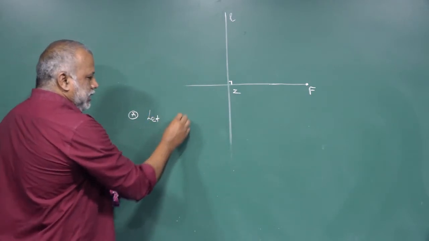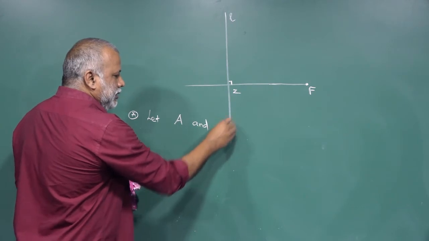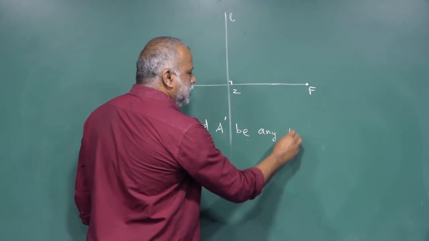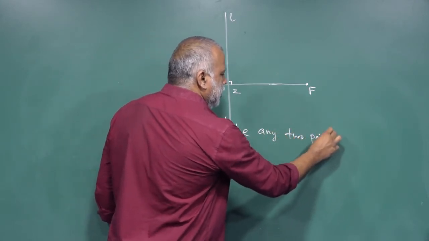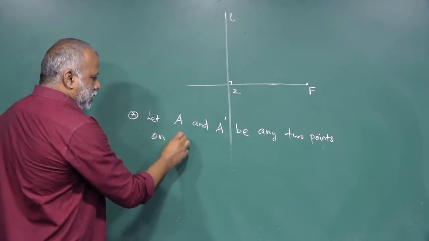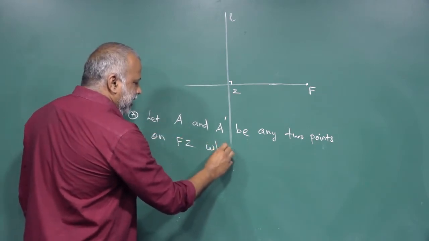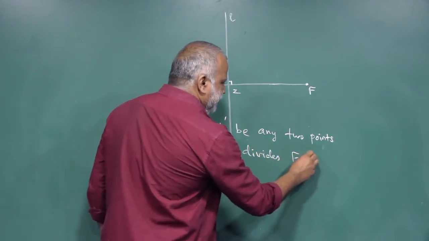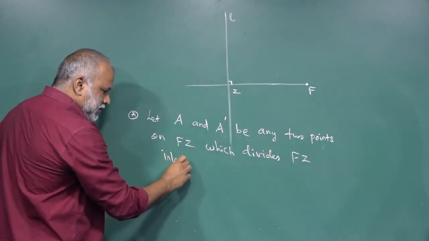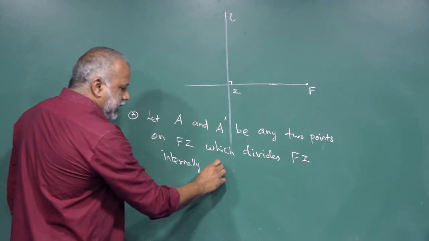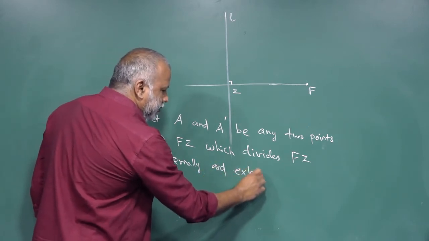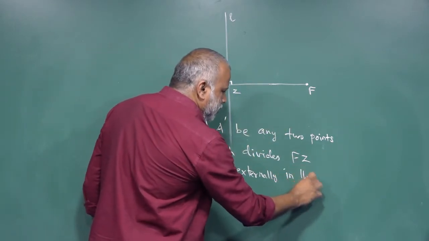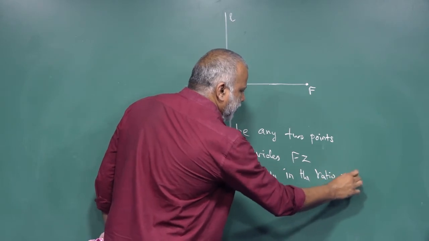Let A and A dash be any 2 points on FZ which divide FZ internally and externally in the ratio E is to 1.